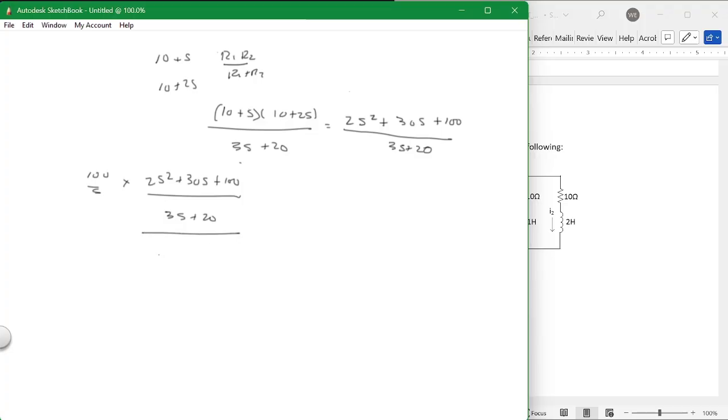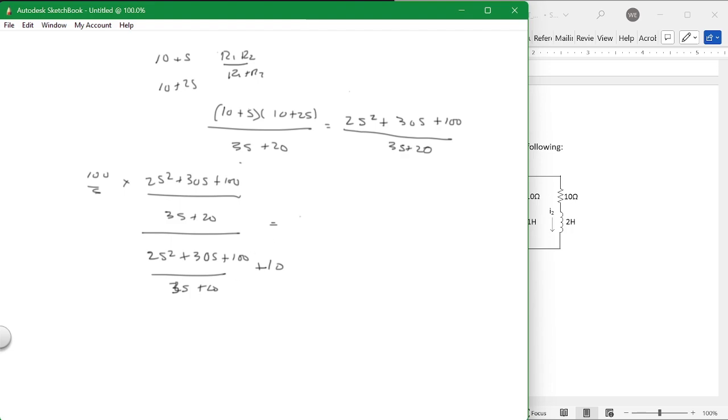That whole thing over 2S squared plus 30S plus 100 over 3S plus 20 plus 10. Okay. Now, this is dirty, but it's doable. What is this 10? It's equal to what?